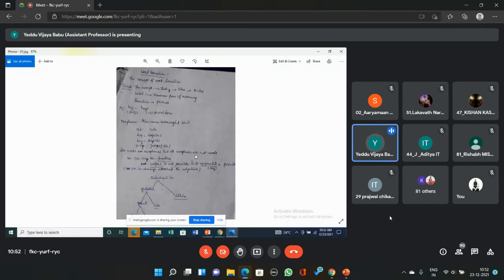Then pronoun. Pronoun is a part of speech that is used instead of a noun. We don't use a noun always, so we use a pronoun. Verb. Verb represents action, which is done by the subject in the sentence.